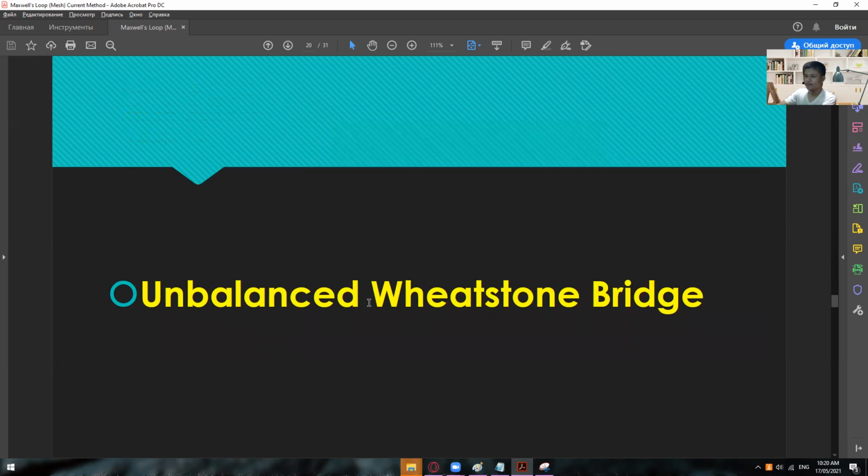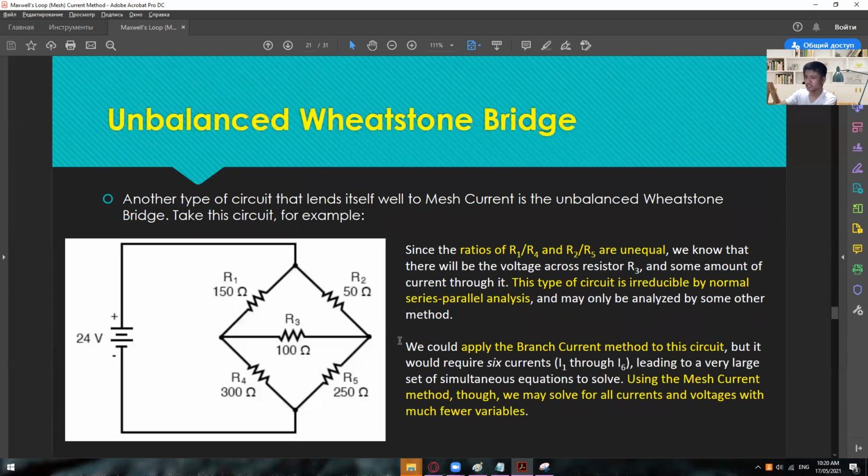And then we have here an unbalanced Wheatstone bridge, which is again much more ideal for mesh analysis, because if you're going to apply the branch current method, you're going to have to come up with 6 unknowns and 3 KCL loopings.